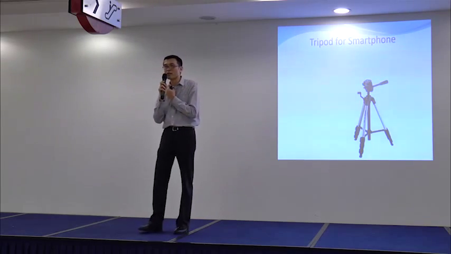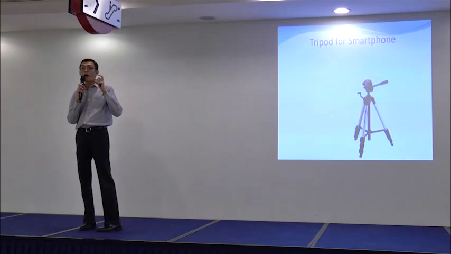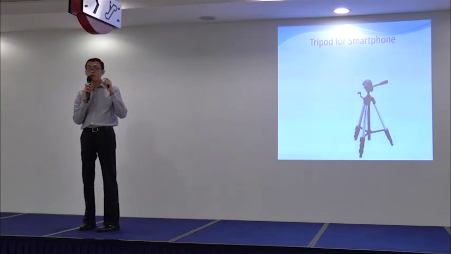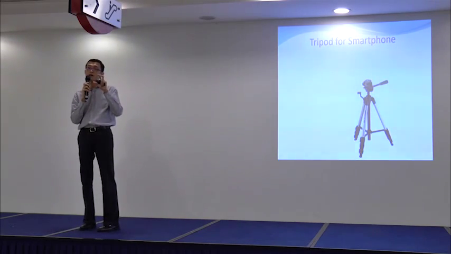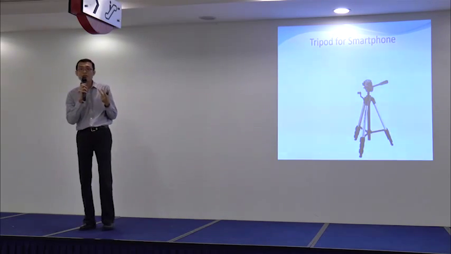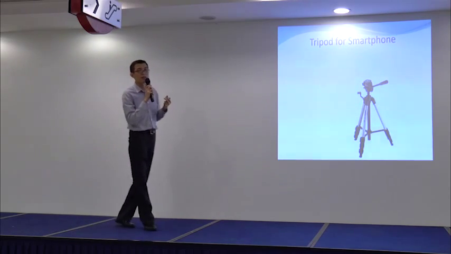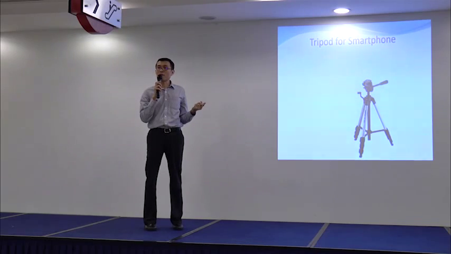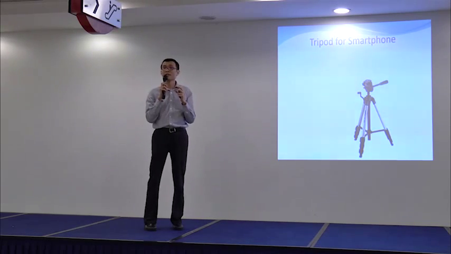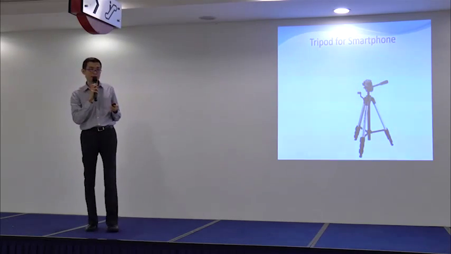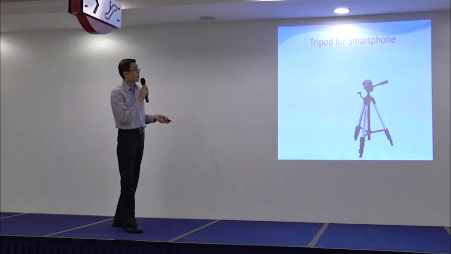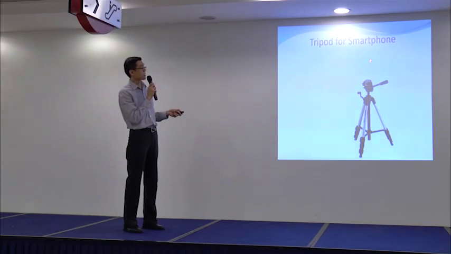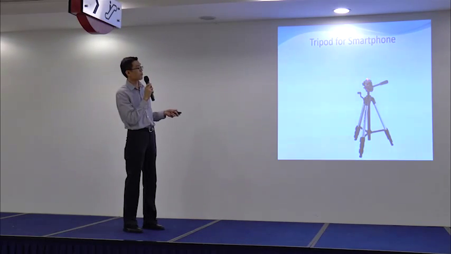In such low light conditions, our hands can't hold our smartphone steady because the shots will be exposed for a longer time to compensate for the lack of light. And so using a tripod will help to steady the shot and get a clearer or sharper picture, so to speak.